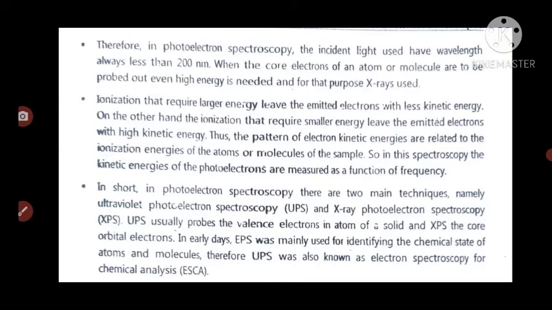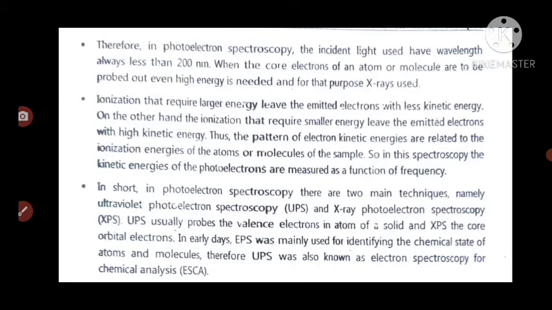These are the two main points, and according to this, the pattern of the kinetic energy is related to the ionization energy of the atom, molecule or sample considered in this spectroscopy. The kinetic energy of the photoelectron is a major function of the frequency.